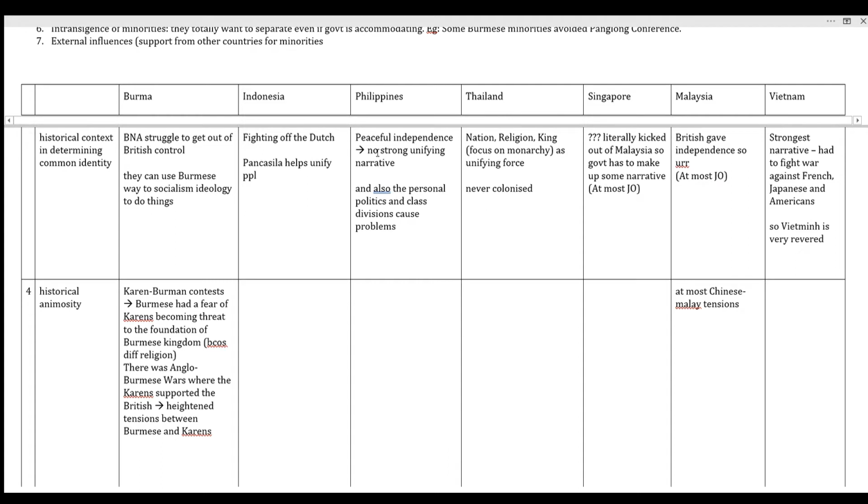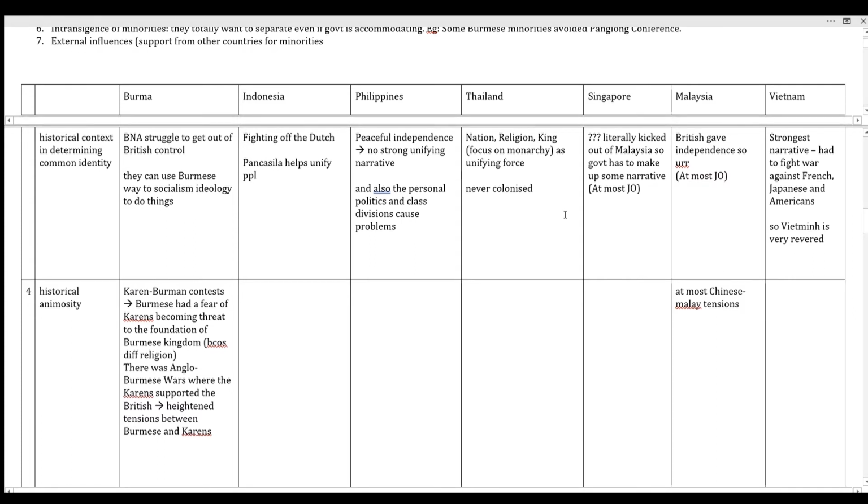That's why they don't really have a real narrative to rally the people around. Another problem is that within the Philippines there are a lot of political divisions. There's politics, there's class division, there's all kinds of trouble, and that means not a lot of unity or identity per se.